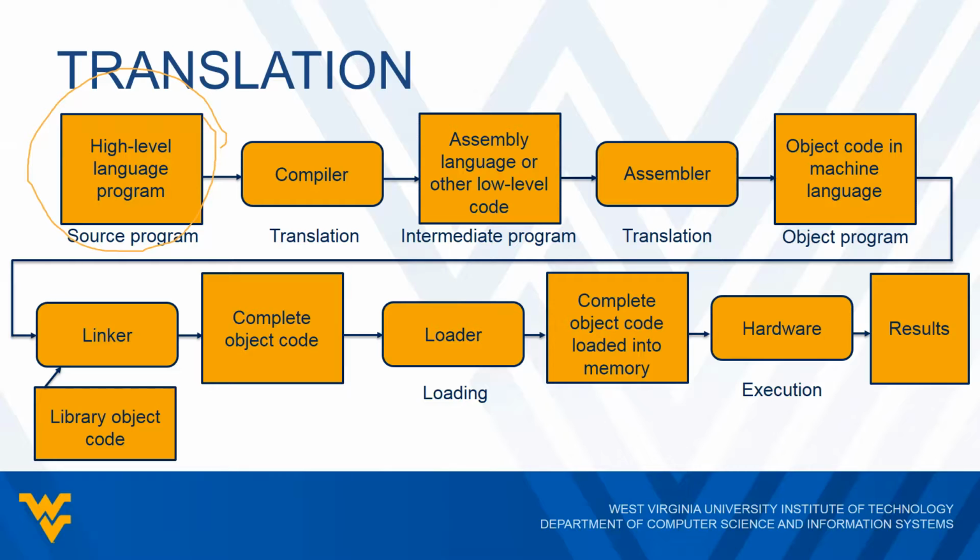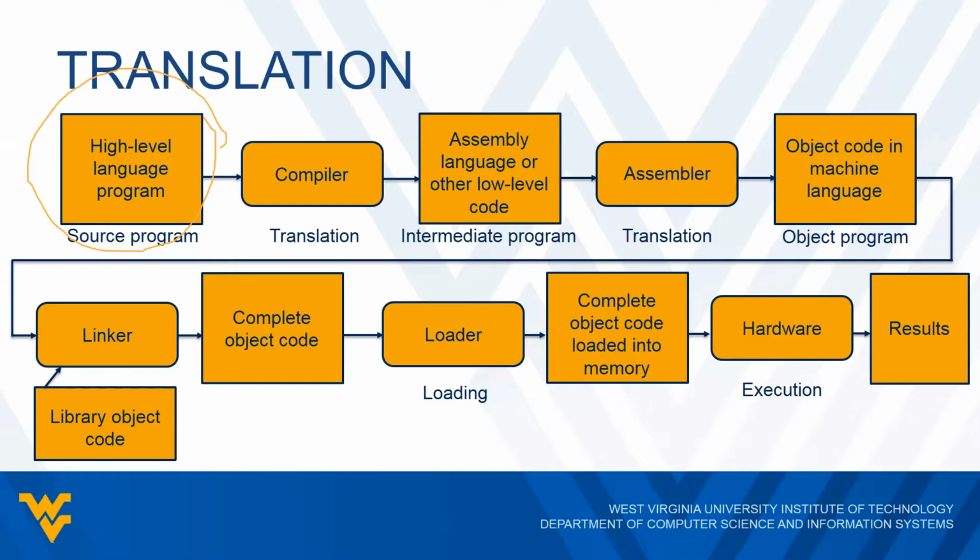It first goes through the compiler, and it will be converted into an assembly language or some other low-level code. It'll then go through the assembler, which will convert it into the object code in that specific machine language. We then would call the linker and include any library object code that the high-level language requested. So we put those together and we would get the complete object code. So we get our final program.